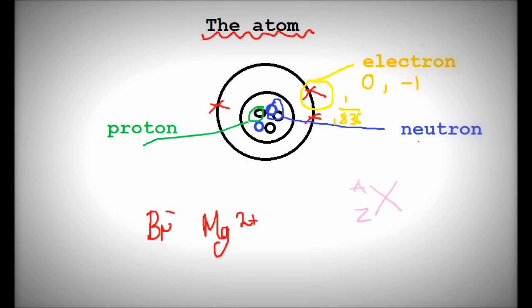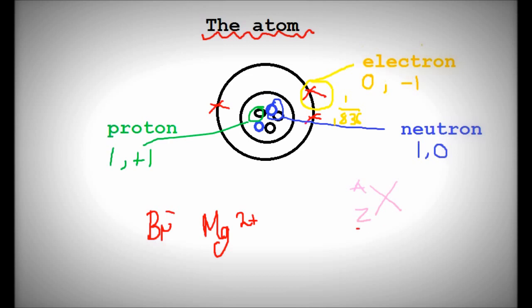Its relative mass is 1, and its relative charge is 0. And the next one is the proton. Its relative mass is 1, and its relative charge is +1. And there are the three subatomic particles that you need to know.